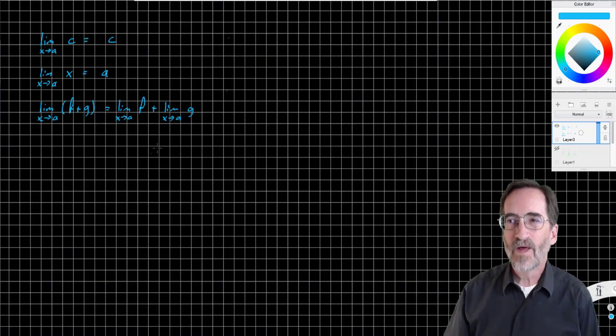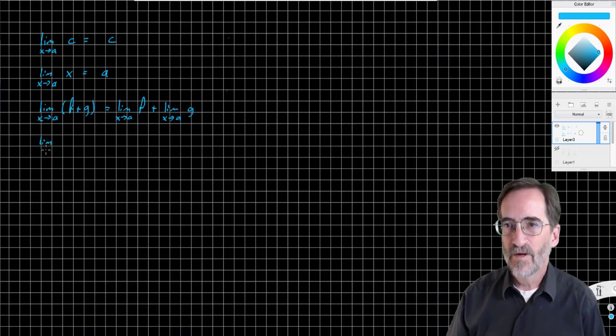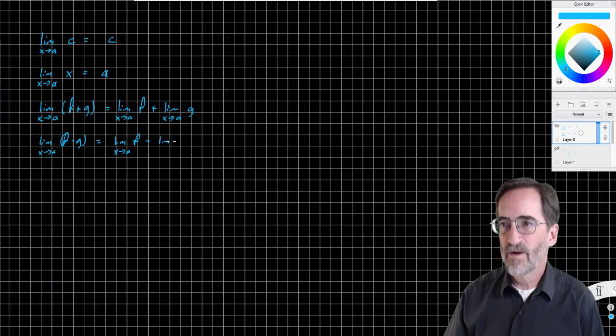That is, it can be broken up over addition. Subtraction, the same thing. The limit as x approaches a of f minus g is the limit as x approaches a of f minus the limit as x approaches a of g.